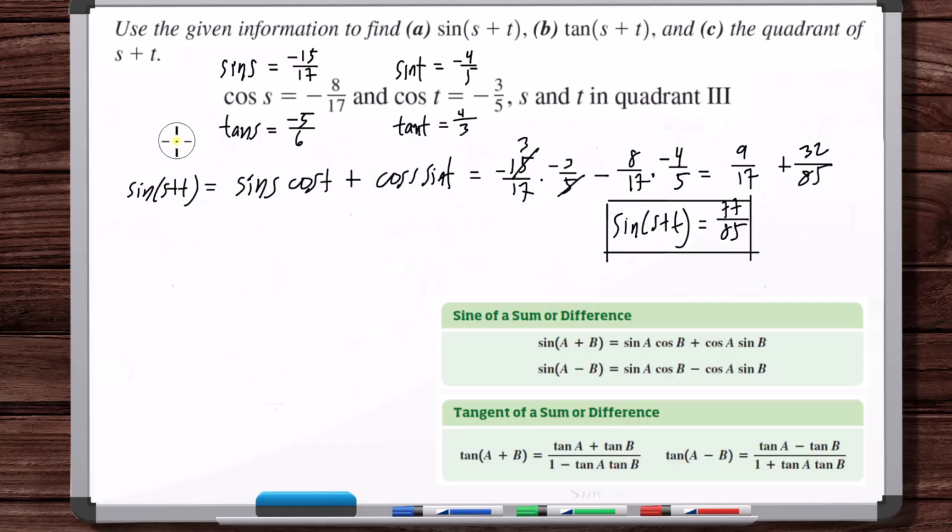Okay, now tangent s plus t, I think I made a mistake here. Let's redo. So, okay, tangent s is sine s over cosine s, so minus 15/17 times, and then minus 17 over 8. So that's going to be 15 over 8. Okay.